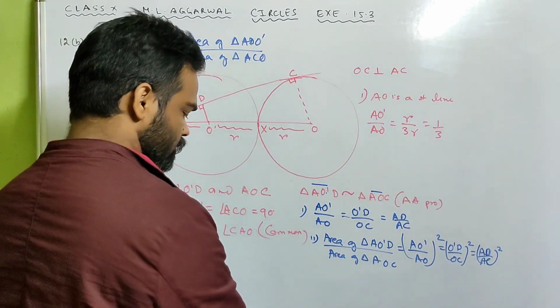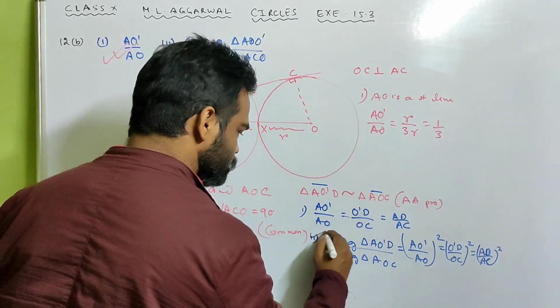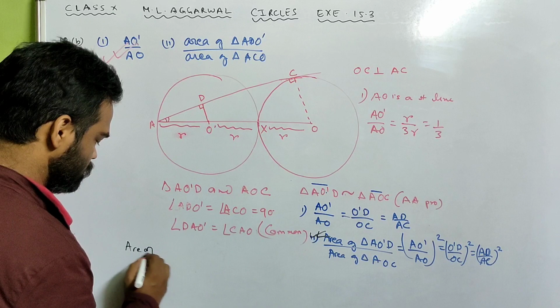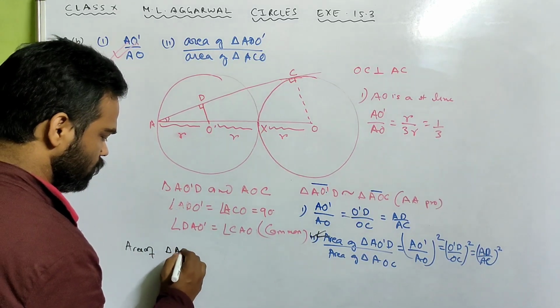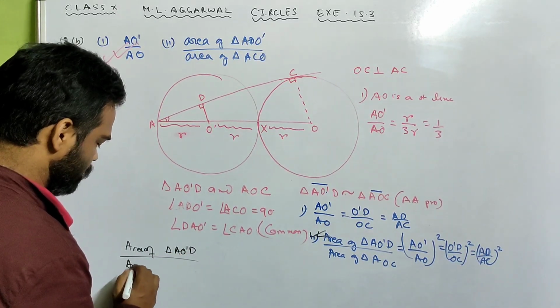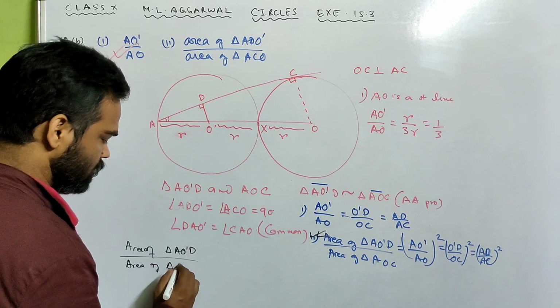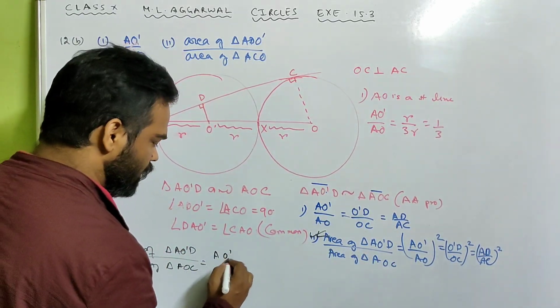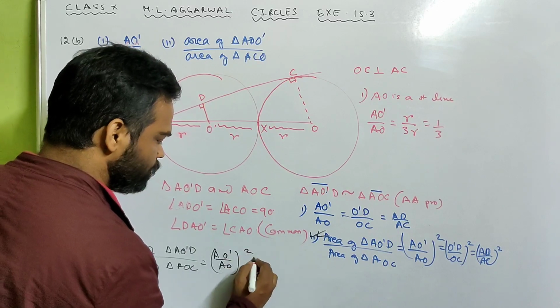Now, use this relation. Area of triangle AO dash D by area of triangle AOC is the square of AO dash by AO, whole square.